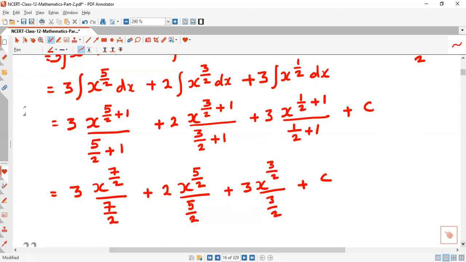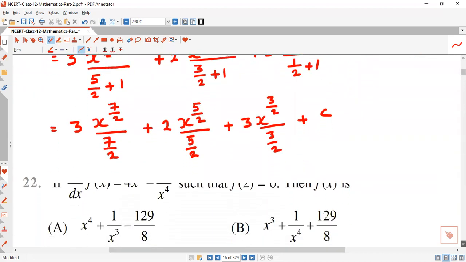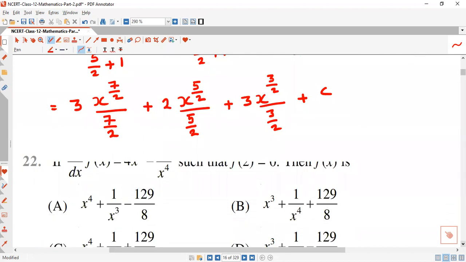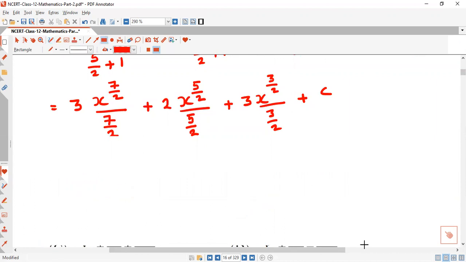Now, combine all the terms. What are we getting? If we combine the terms, you see this one, 3 and this 7, and this 2 goes to the upper side. 3 into 2 becomes 6, x raised to 7 by 2, this 7 is here, 6 by 7.